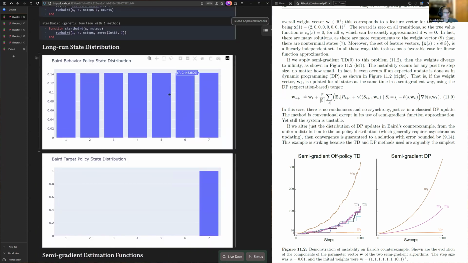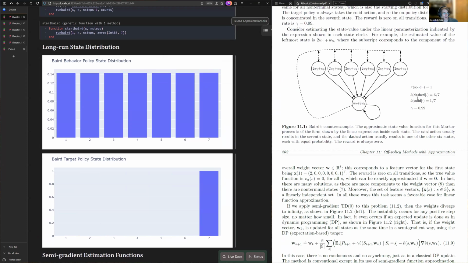If you look at this example, this policy that visits all the states equally is this policy. It's not the random policy. If you did one half and one half, then this distribution would not be equal. You would end up on average spending way more time in this state, because there are 7 of these states that end up transitioning here.